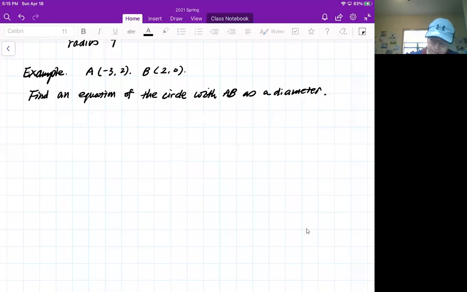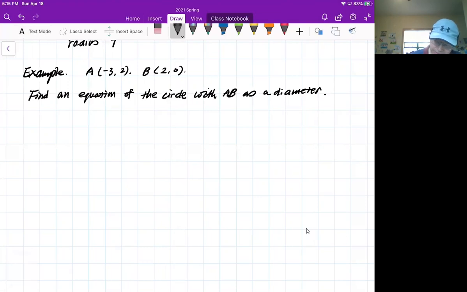So assume I have A here, which is (-3, 2), and then B is (2, 0). I want a circle going through this way.